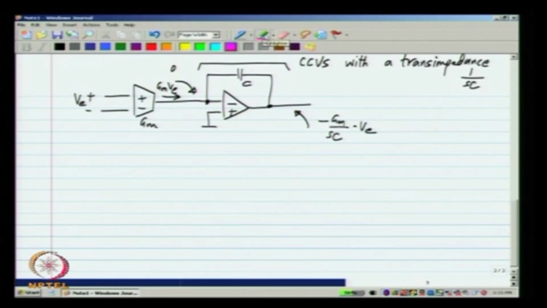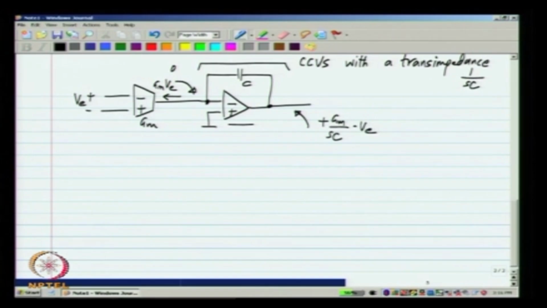So, to get rid of that inversion, I will invert the signs of the transconductor. I will have minus plus, so that I have GmVE flowing that way. It will flow in the same way through the capacitor and the output voltage will be plus Gm by SC times VE.